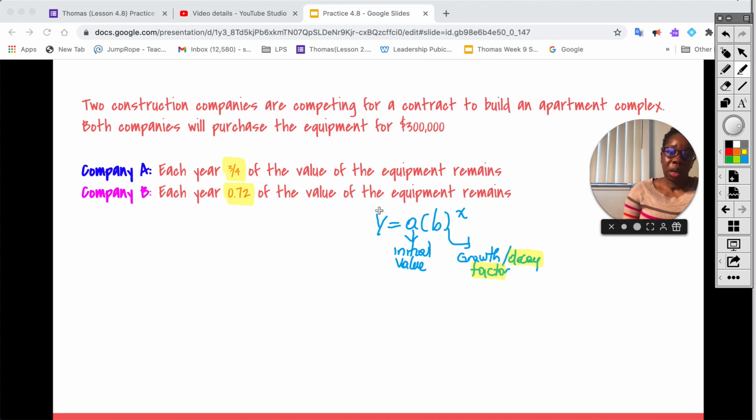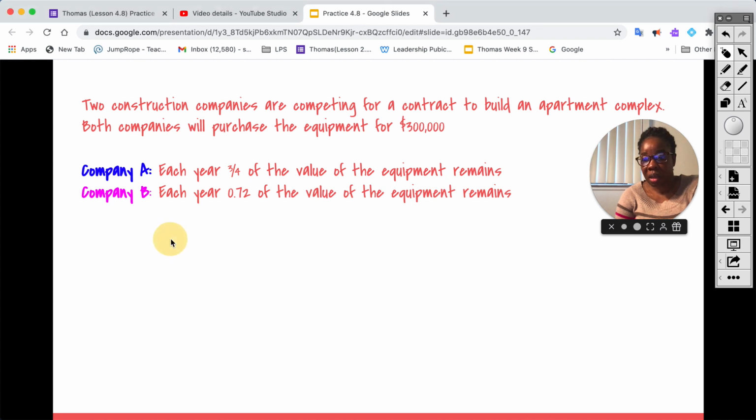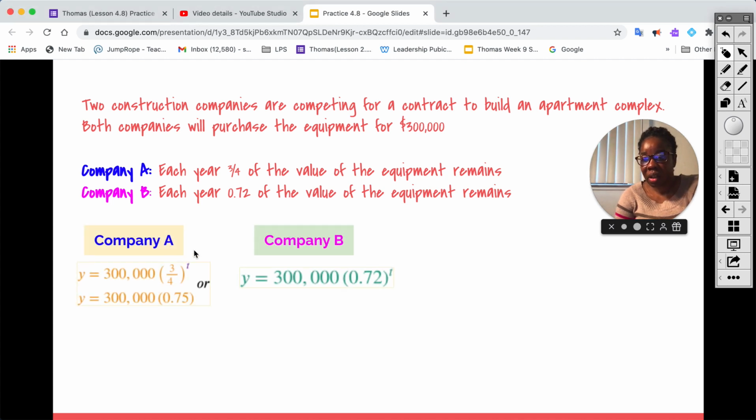So, what's the initial value in this particular case? Well, the initial value is the amount or the cost of the equipment that is purchased, which is $300,000. So if we think about the equation in each of these cases, for Company A, the equation is 300,000 times 3/4 raised to the t.